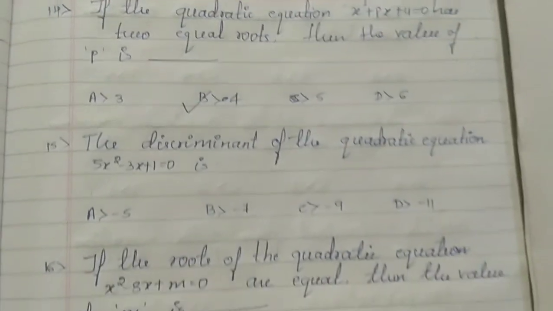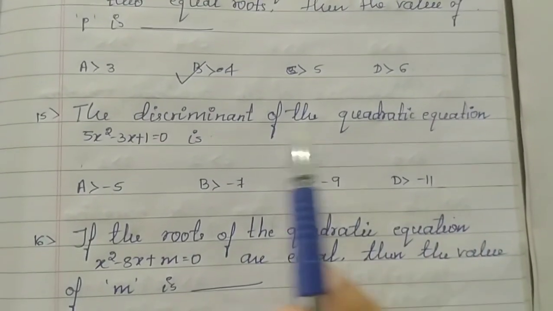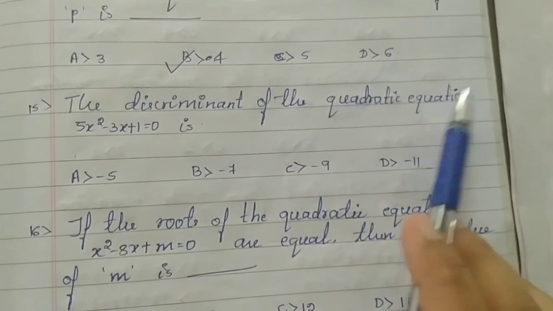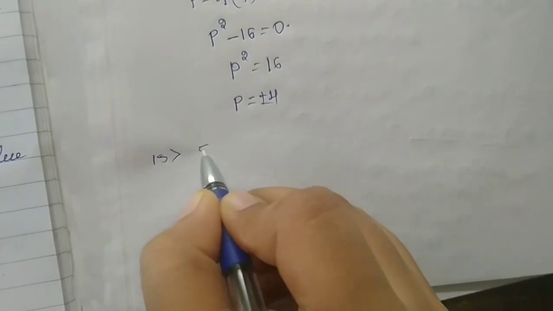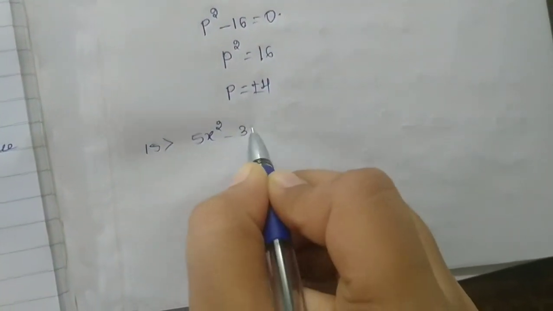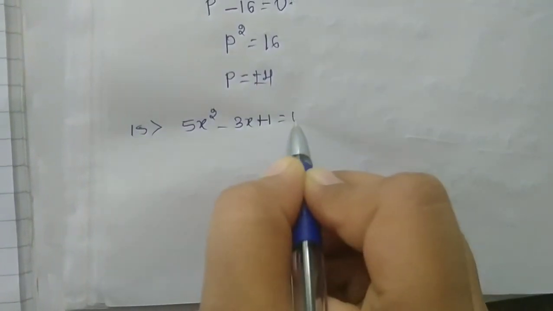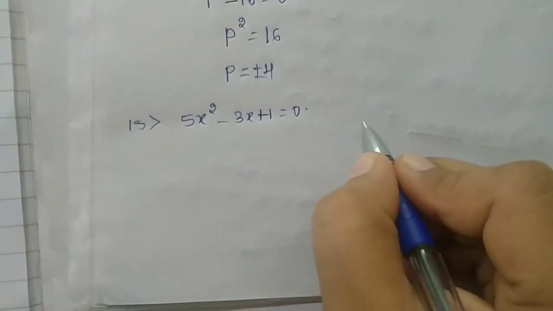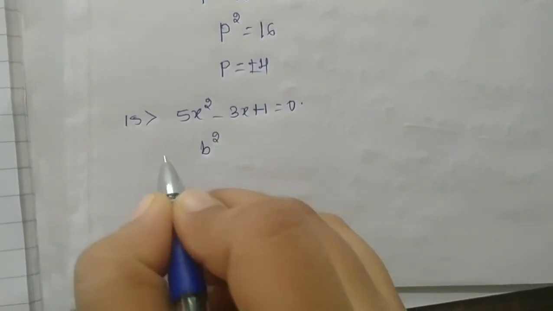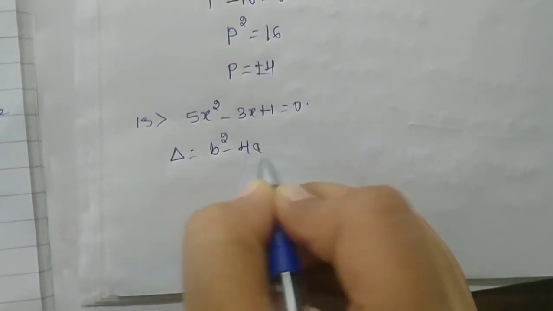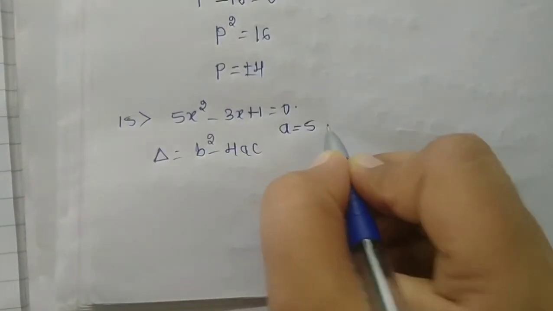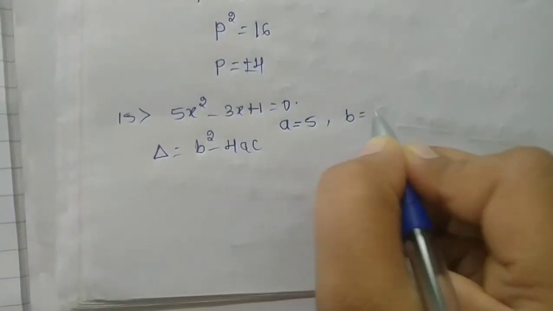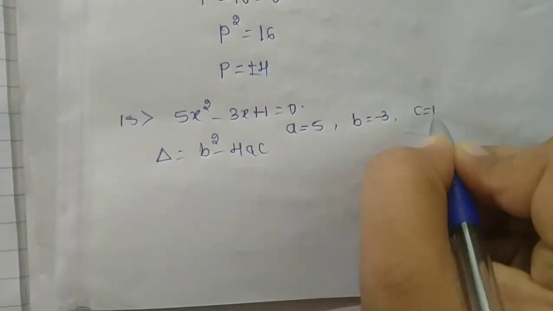Okay. So now we will see the next question, that is the discriminant of the quadratic equation 5x square minus 3x plus 1 is equal to 0. So the 15th one, you have to find the discriminant of this quadratic equation. In order to find this, what you have to do is again b square minus 4ac. So first I'll write the values of a, b, c. a is 5 and b is minus 3 and c is 1, right?